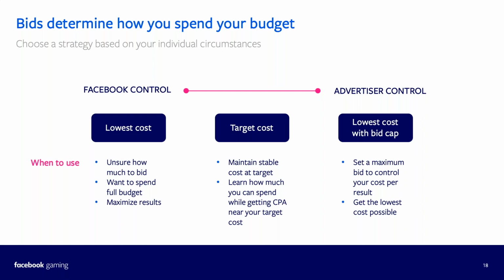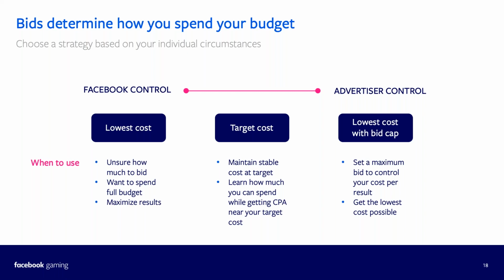The first one is lowest cost with automatic bidding, which gives the system the autonomy to identify the best cost per desired result while aiming for the lowest bid price possible. The second one is target cost bidding, which tells our delivery system to maintain a stable average. That means the system can bid above or below the target bid while aiming to hit as close as possible to your target cost.